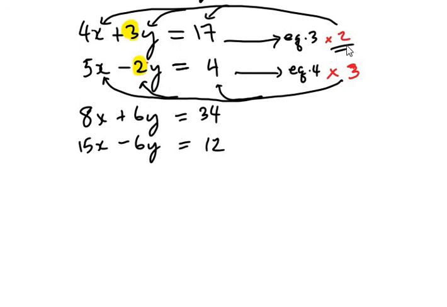But here's my question though. Should I have multiplied this equation here by -2, or it doesn't matter? You can multiply by negative 2 if you want to, to make them both negative. You could, but you don't have to.